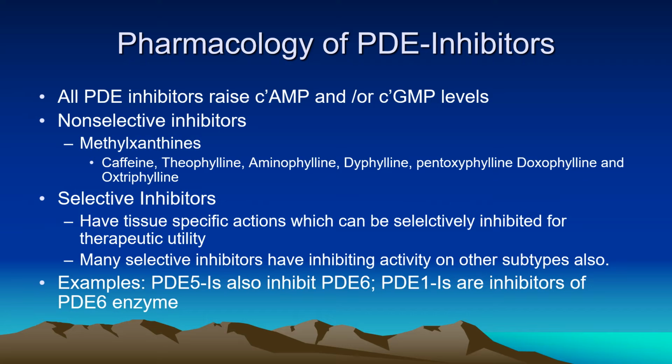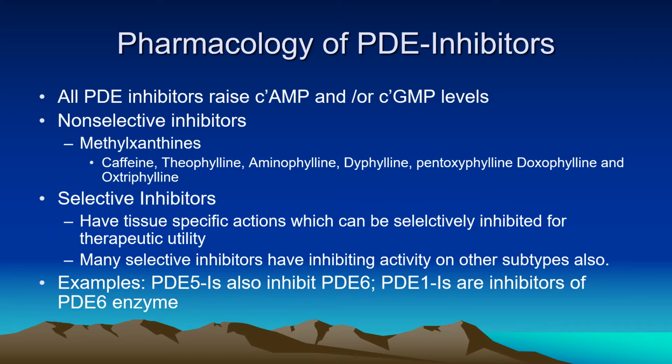Now, many selective inhibitors, although they are classed as selective inhibitors, also inhibit other subtypes or subfamilies of the phosphodiesterase enzymes. For example, PDE5 inhibitors also inhibit PDE6. However, they are more selective to PDE5 than PDE6.